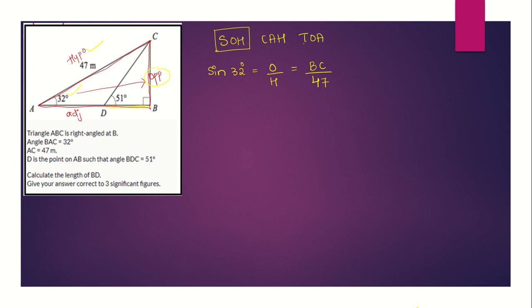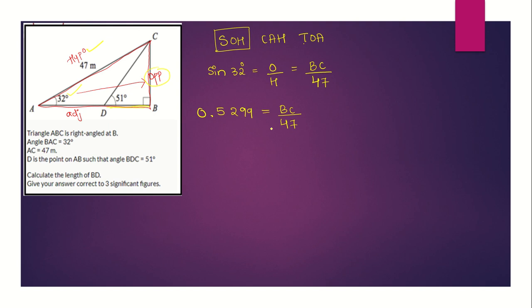If we calculate the value of sine of 32 in the calculator, as I already mentioned, there should be D appearing as the mode on the calculator. If it is radian, make sure to change it to D, that is degrees. So sine of 32 degrees will be equal to 0.5299, and this is equal to BC by 47.